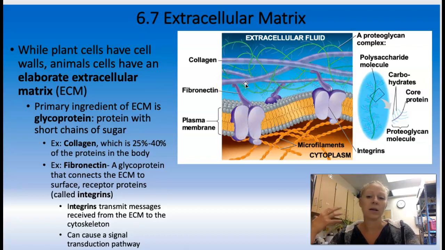If there's a stimulus coming from outside of the cell, it's going to impact the extracellular matrix. That's going to send the message down the fibronectin into the integrin, the receptor protein. This will cause a signal transduction pathway on the inside of the cell, a series of steps to make changes within the cell.